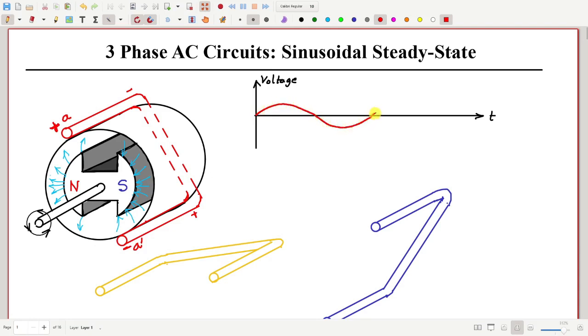Whether it will be sinusoidal or some other pattern depends on many other factors that we will not consider here. We will just assume it to be sinusoidal for now, and how to make it sinusoidal in an actual generator, we are not discussing. But we are sure that this voltage is going to be periodic, sometimes positive, sometimes negative, depending on whether the north pole or the south pole is under side A.